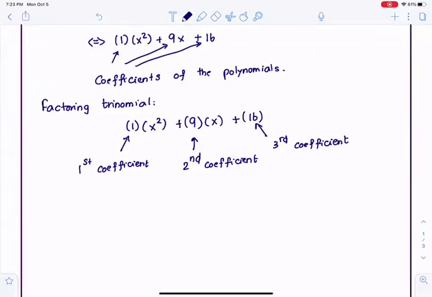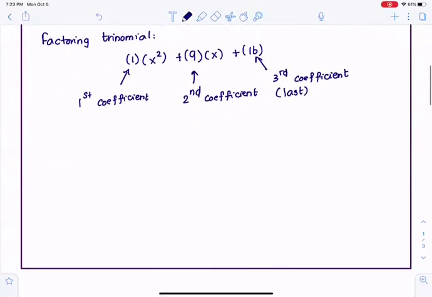Or call it last. And this particular process is sort of trial and error. In other words, you've got to know the two steps that I'm about to write.